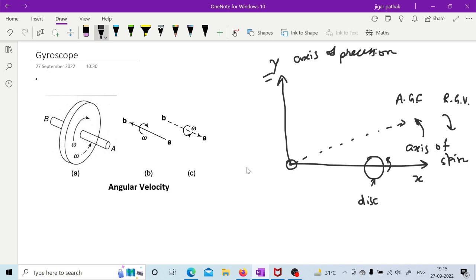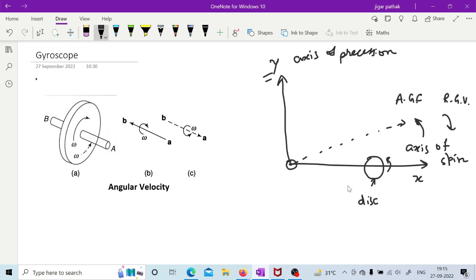So let us first discuss angular velocity and angular acceleration, and then we can go into the discussion of how it affects different applications, meaning where we find this kind of situation where rotating elements also have rotation about another axis.